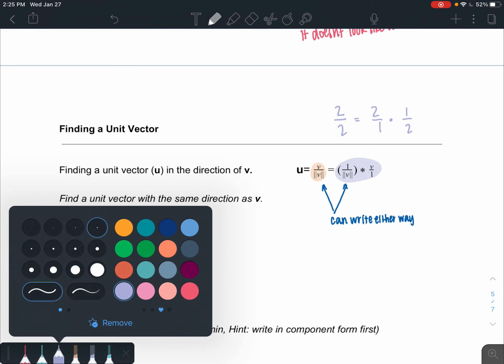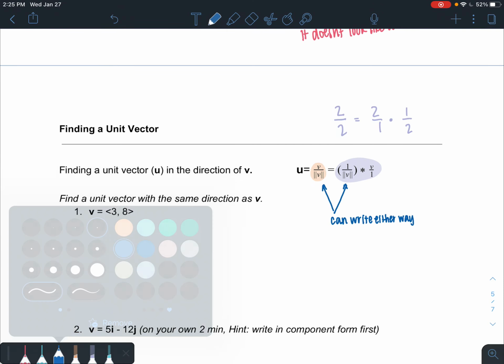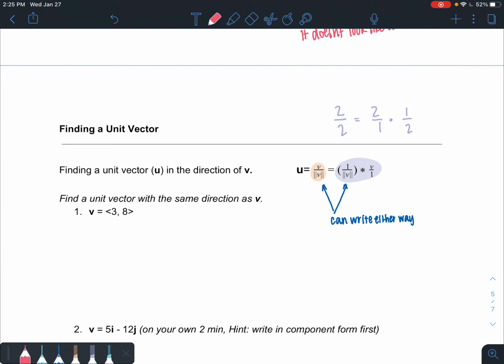All right, so let's go ahead and find a unit vector with the same direction as v. I'm going to use this equation here. I need to find the magnitude of v.